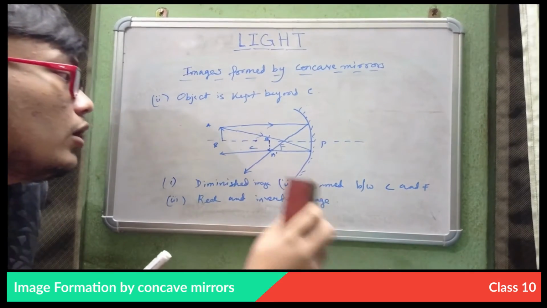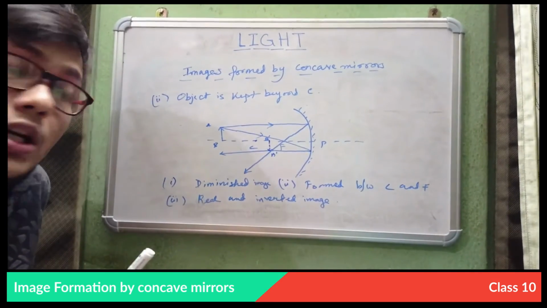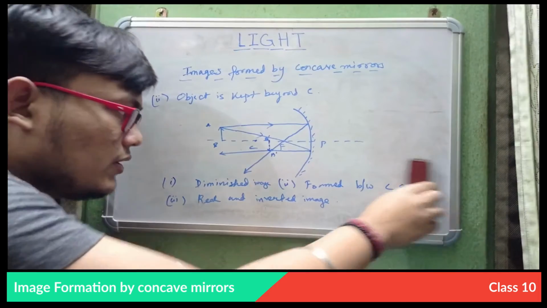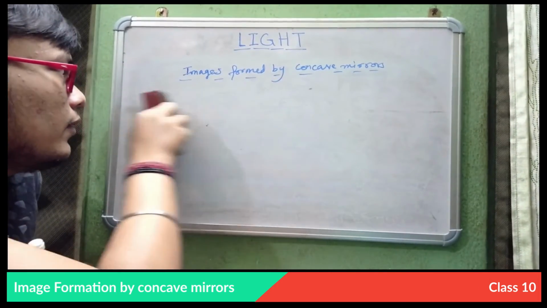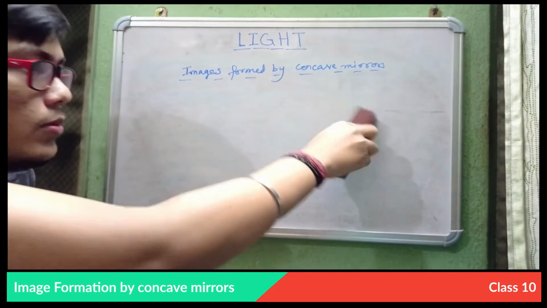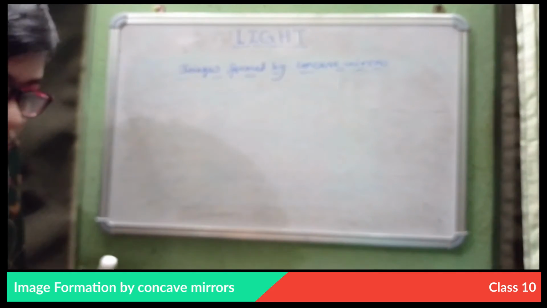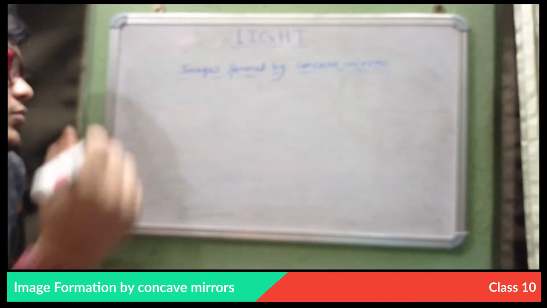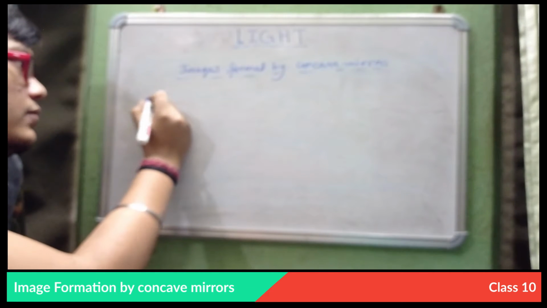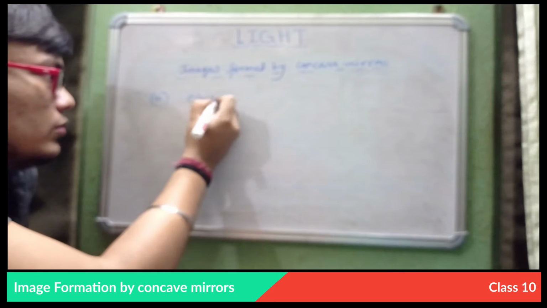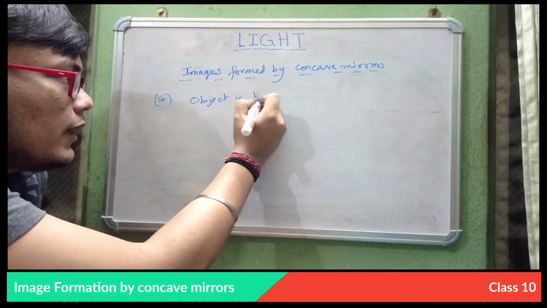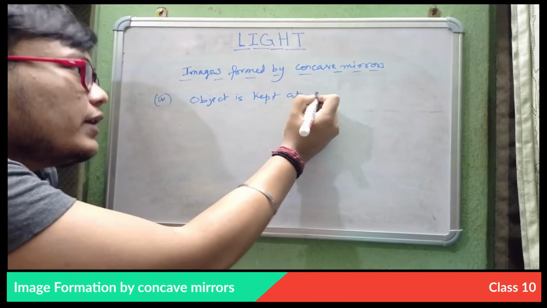Now we will keep the object at C and see what will be the characteristics of the images formed. Now in this case, the object is kept at C. Object is kept at the center of curvature.